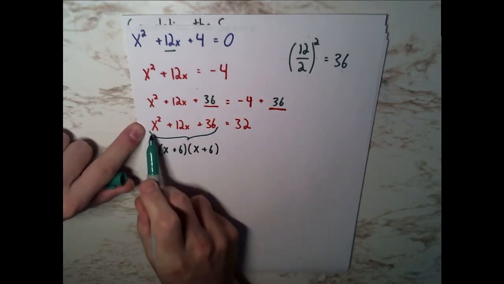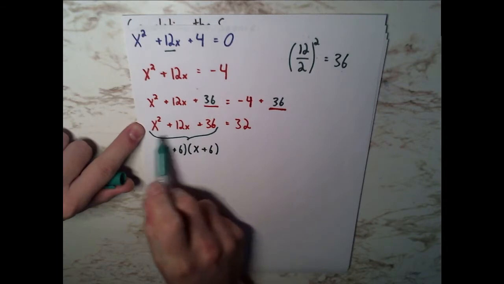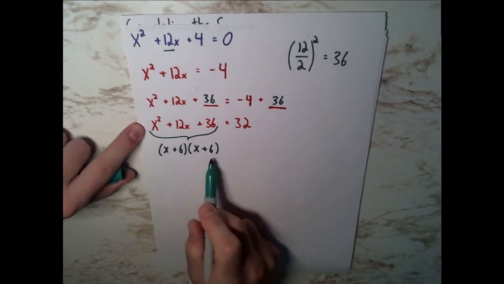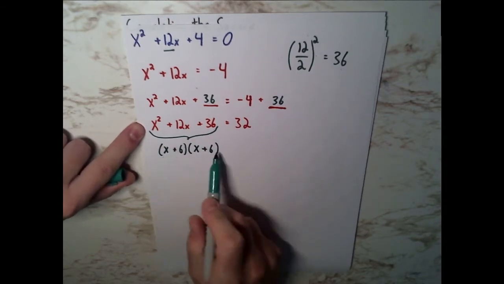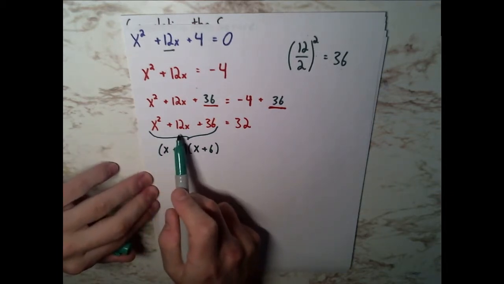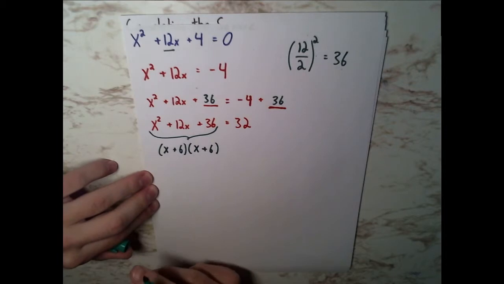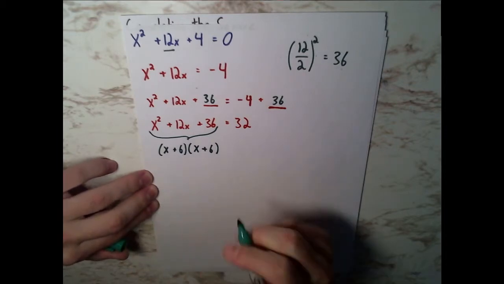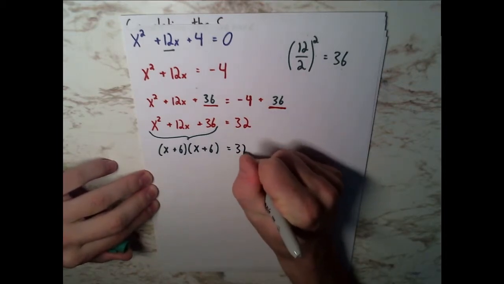So we pretty much took this quadratic and factored it into this. If we were to FOIL these two together, we would end up with x squared plus 12x plus 36. And so that means that this is now equal to 32.